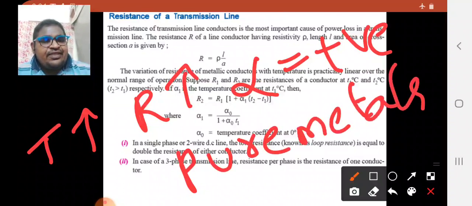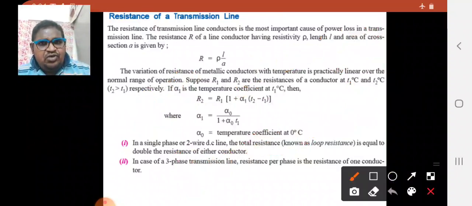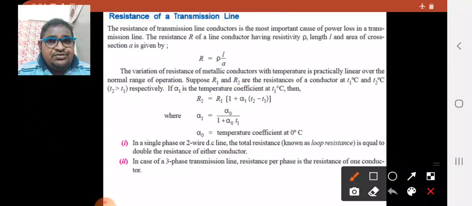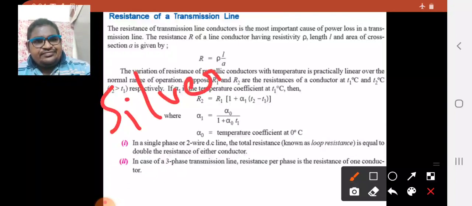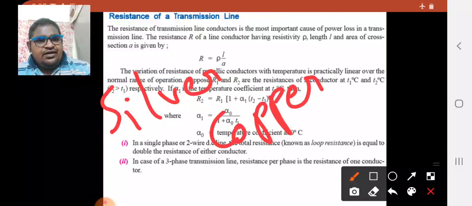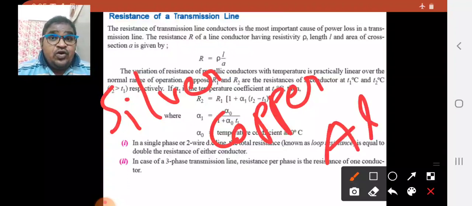What are the pure metals? Whatever metals we are using right now, those are silver, copper, aluminum. Which conductivity is more?